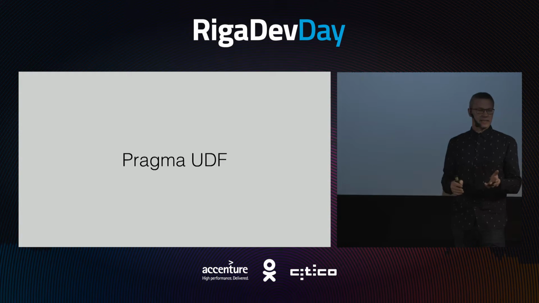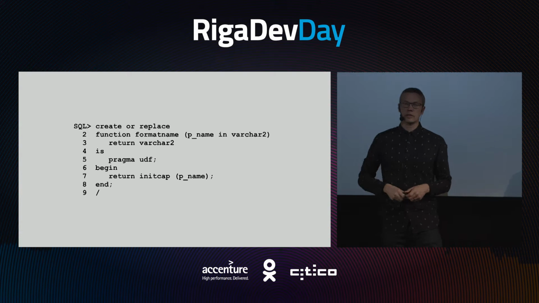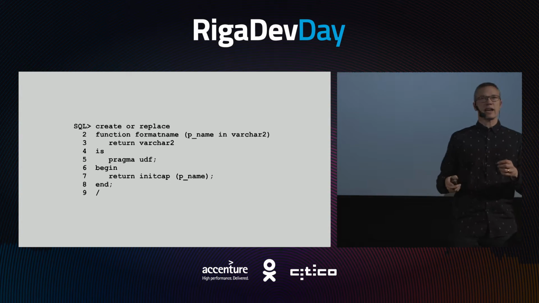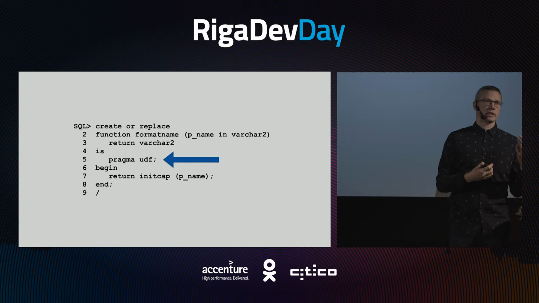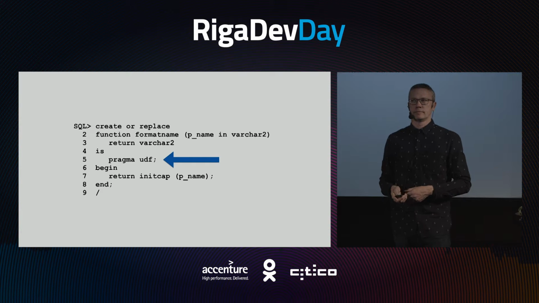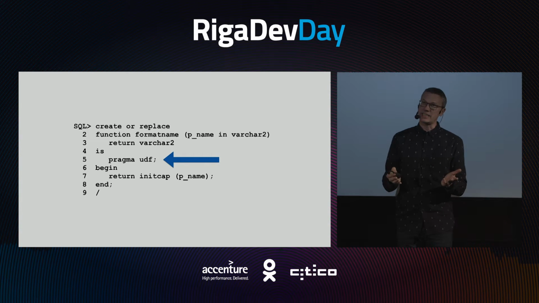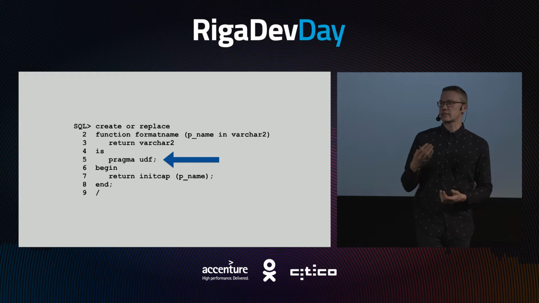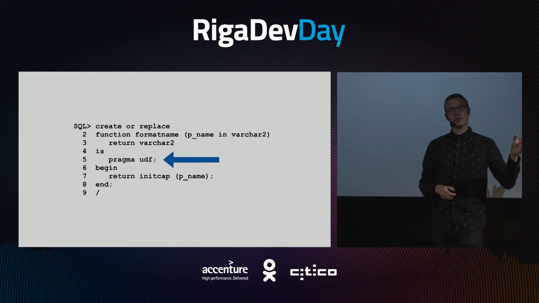You put it in your declaration, and it compiles the function as if it was compiled in the SQL engine. If you really, really need to use functions in SQL, use the pragma UDF. You can still use them in PL/SQL, but that's a context switch.